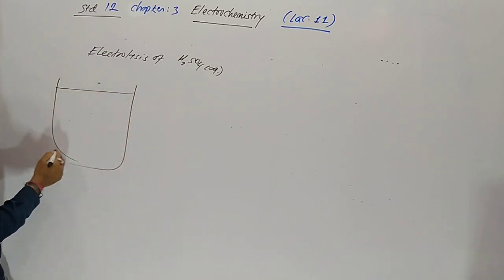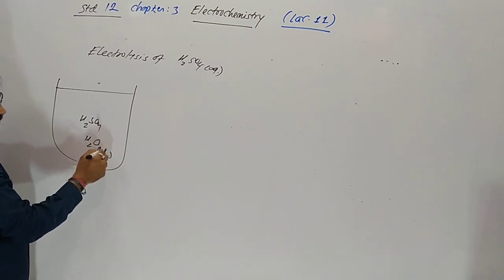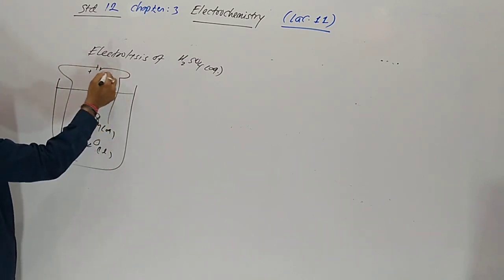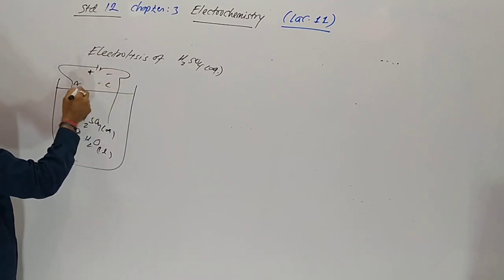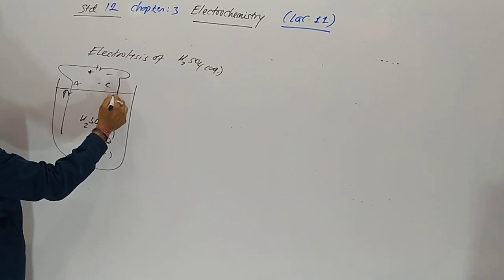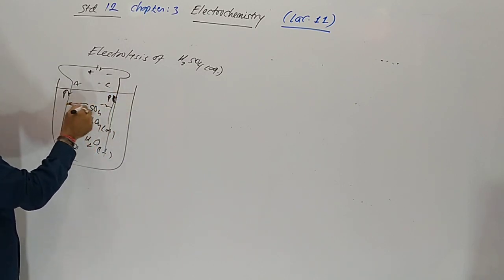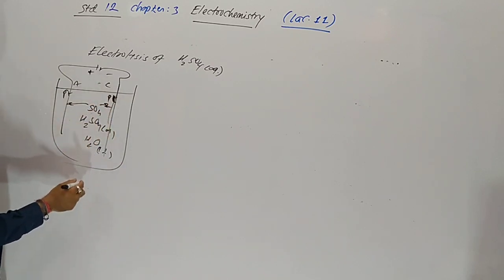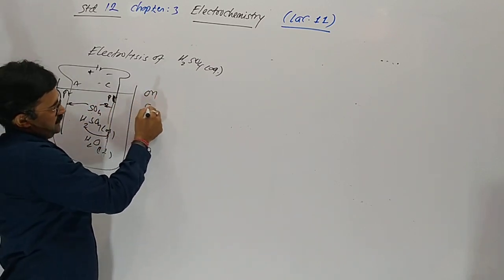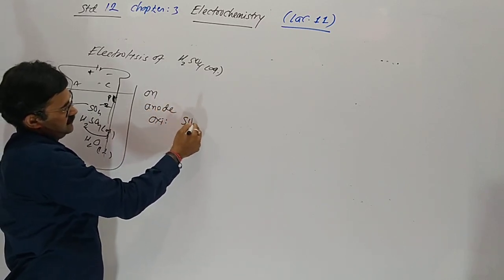When we take a solution of sulfuric acid dissolved in water, we dip two electrodes, anode and cathode, both made of platinum. So here sulfate ion moves toward anode, H plus toward cathode. So on anode, oxidation occurs.